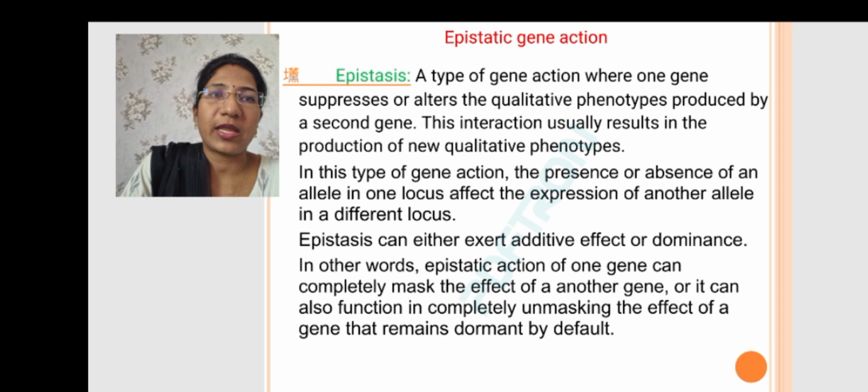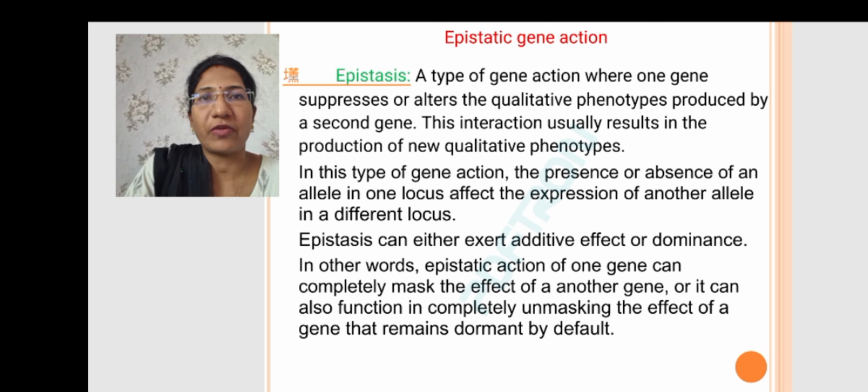In this type of gene action, the presence or absence of an allele at one locus can affect the expression of another allele at a different locus. These epistatic effects can exert either additive effect or dominance.